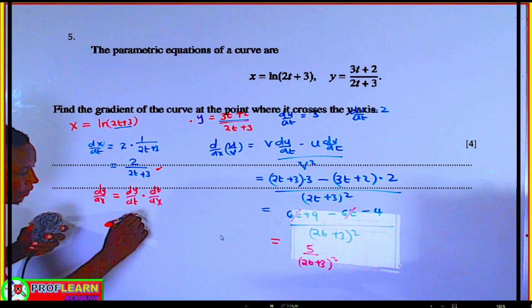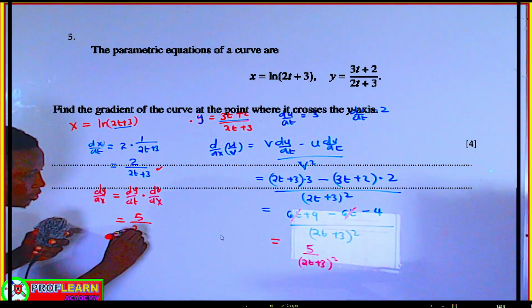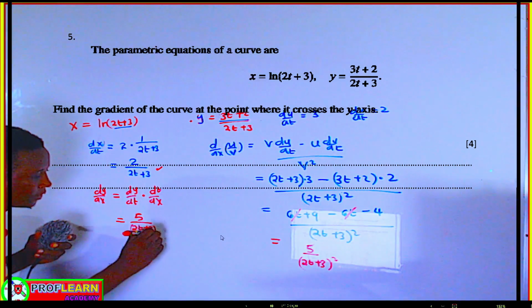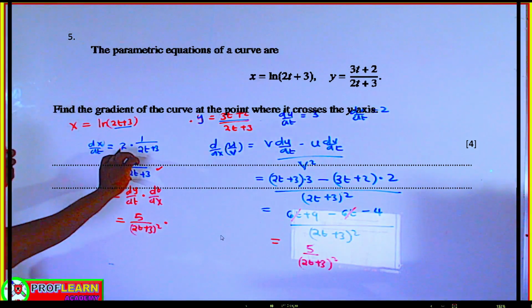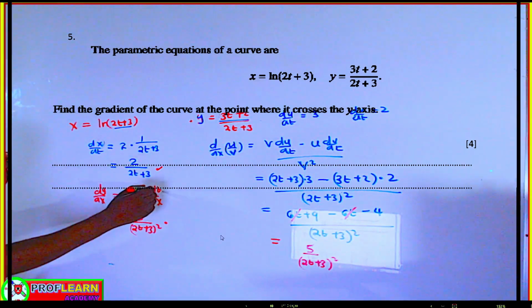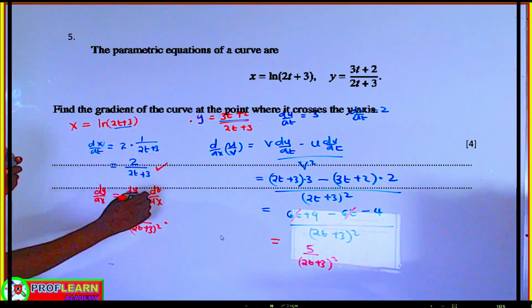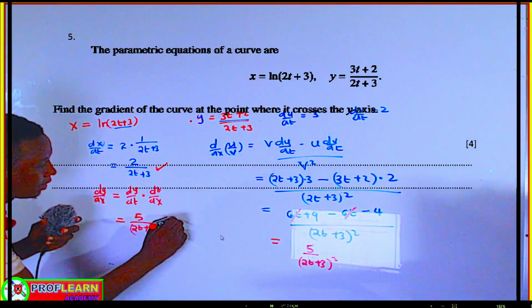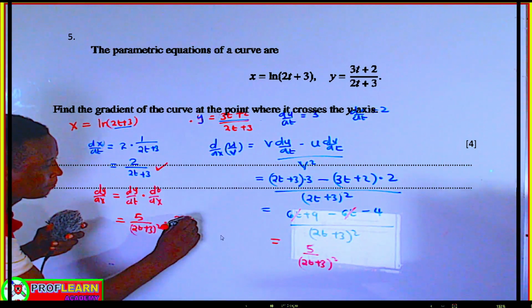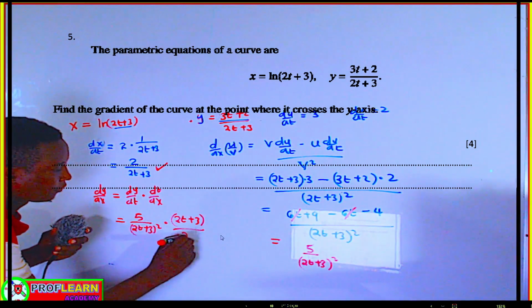So we have 5 over (2t plus 3) squared times the reciprocal of this. dx/dt is this, so dt/dx will be the reciprocal, and that is 2t plus 3 over 2.